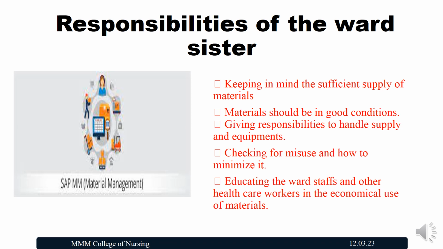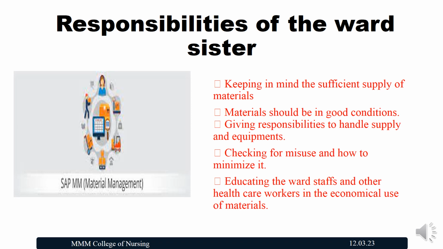In the same way, the ward nurse should check for misuse and how to minimize the use of those things. They should not waste and should not misuse the materials. And educate the ward staff and other healthcare workers in the economical use of materials.